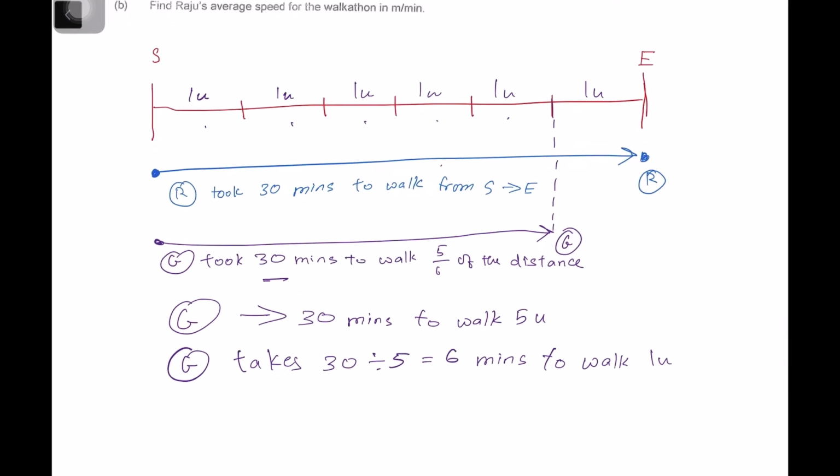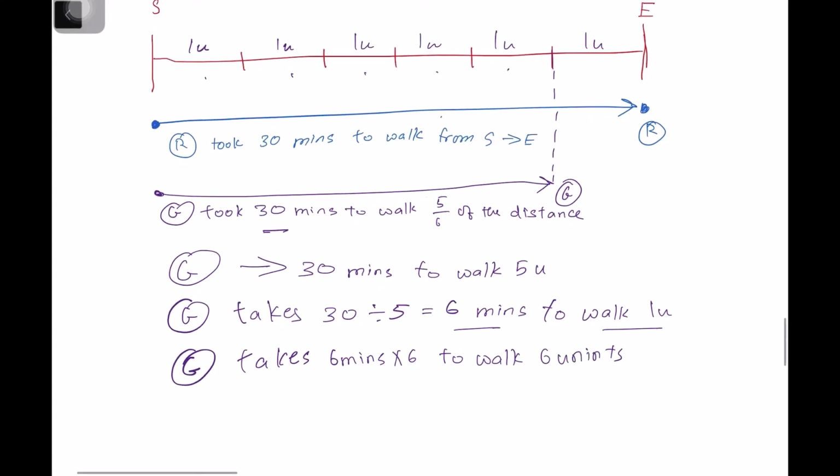So if he takes 6 minutes to walk 1 unit, so Gopal will take 6 minutes times 6 to walk 6 units of distance, which gives us 36 minutes to walk 6 units.